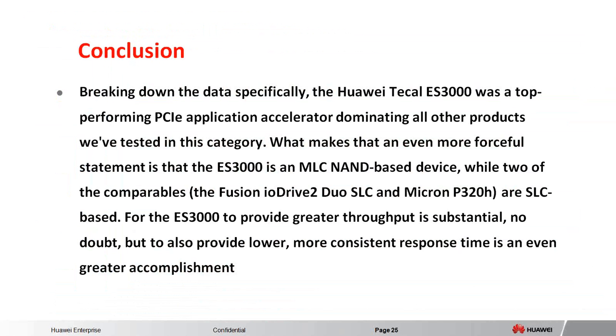So this is the conclusion from Storage Review, who have written a write-up on why the 3000 was a top performing PCIe application. What makes it an even more forceful statement is that our card is an MLC NAND-based device. Remember, 2-3 years ago, those results were only achieved by SLC, not by MLC.